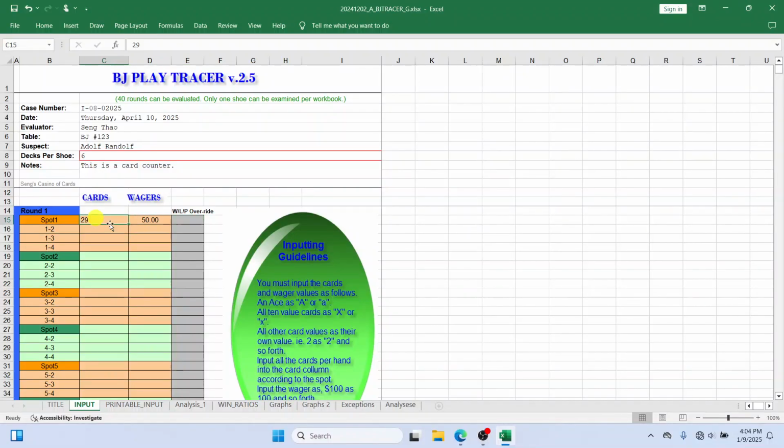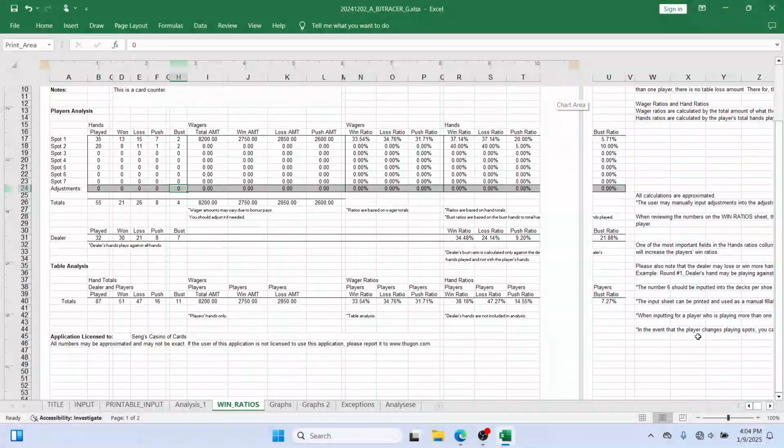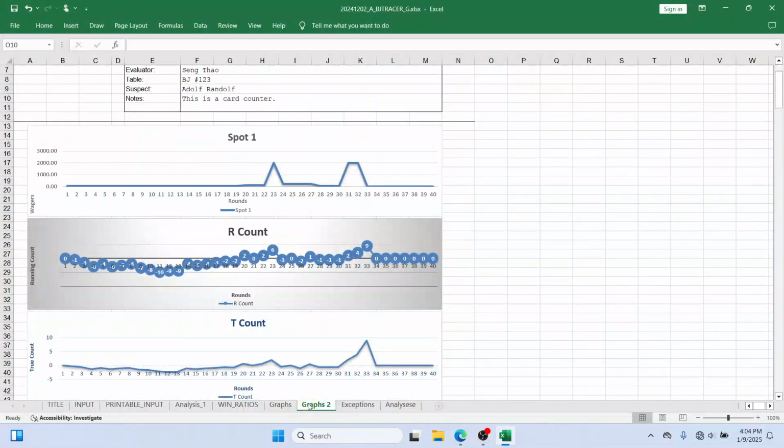All you have to do is input the cards and the wager, and the software does everything else for you. It does all the calculations automatically, all the win, loss, all the percentages. It charts it all for you to look at.